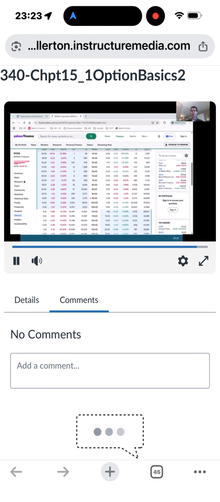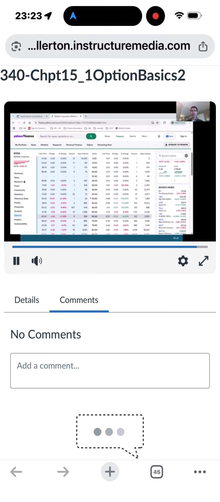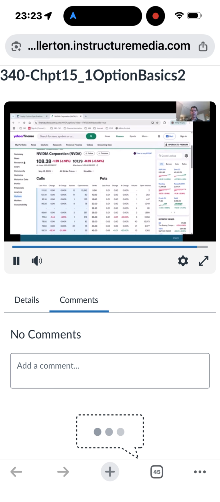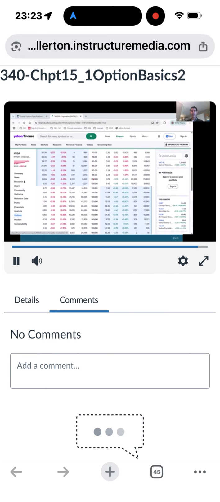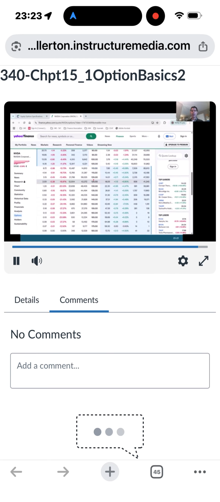So just very briefly here, maybe I'm interested in this option. I'm interested in NVIDIA. Maybe I think NVIDIA is going to go up. I want some time for it to go up, so I'm going to pick an option that has a May 16th expiration. And I'm looking here, and maybe I want to buy an out of the money. So maybe I would buy strike of 115.